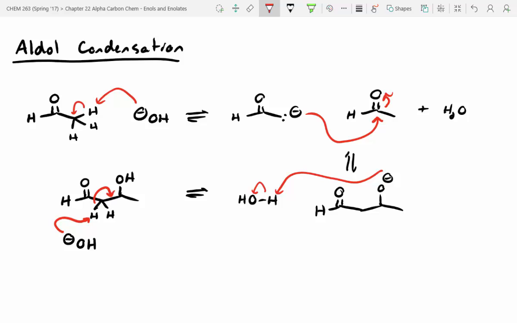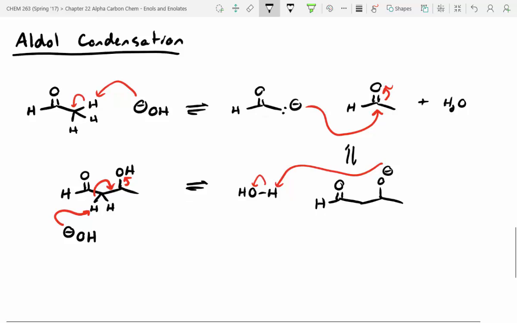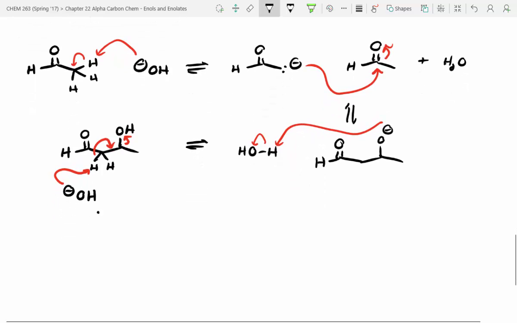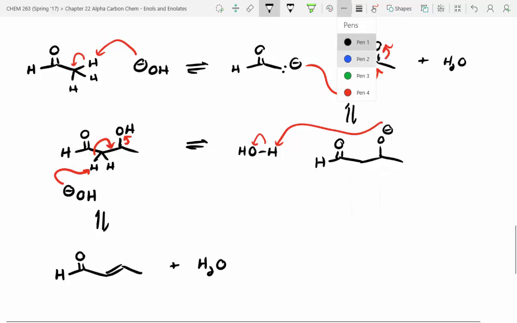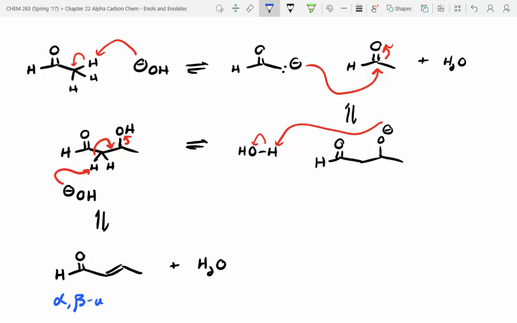This can clamp it down and eject off a hydroxide anion. And what you end up forming is something called an alpha beta unsaturated aldehyde.